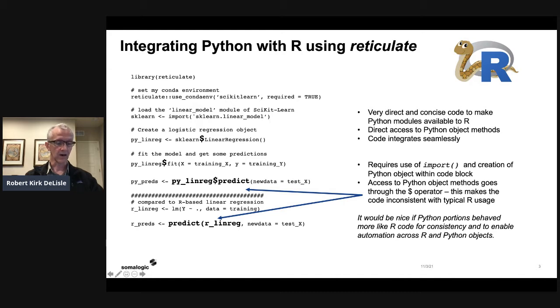In the classical R functional programming approach using S3 classes, the predict function for the rlinreg object is accessed by passing the object itself to the function as the first argument to the function call, and then letting the underlying S3 architecture dispatch the call to the appropriate function. So this distinction between syntax makes it difficult for overall generalization, and it would be really nice to be able to harmonize these pieces together. And this is the intent of PyR.